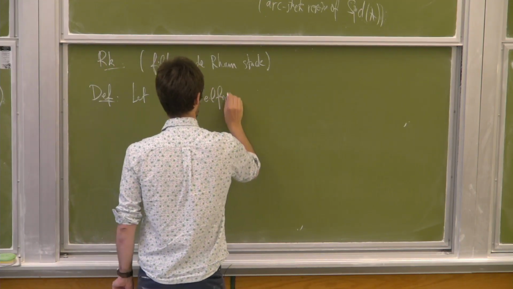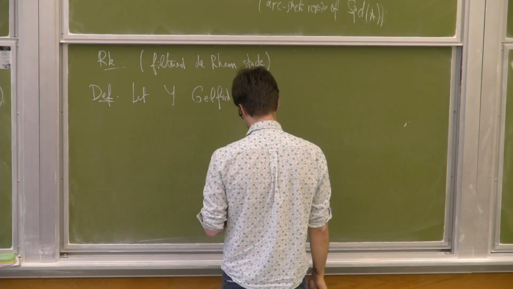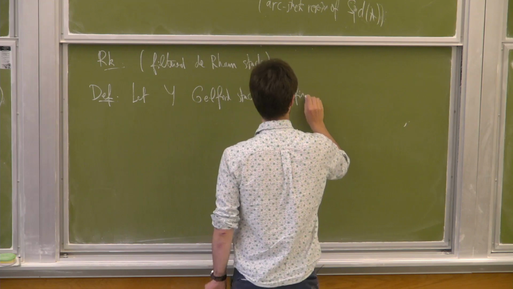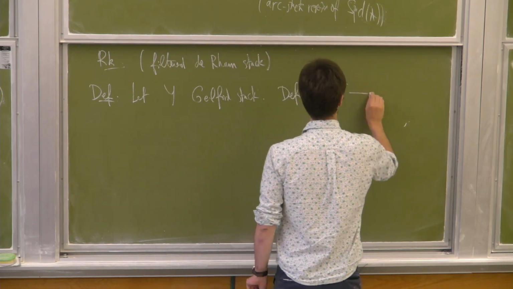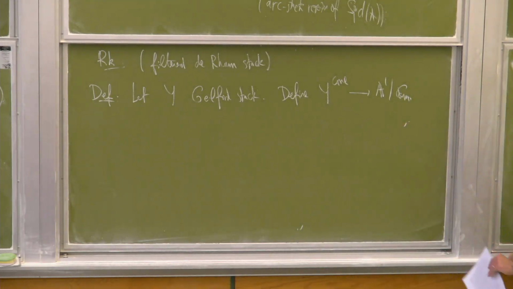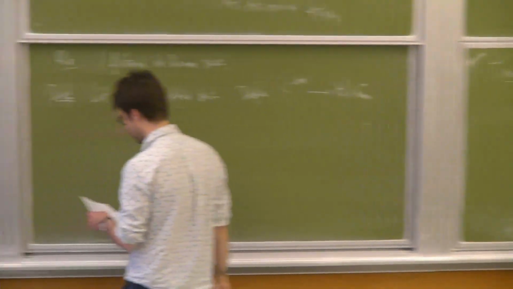So if I have an arbitrary Gelfand stack Y, I define what is called the cone construction, Y cone. So it will be a stack over A1 mod GM. And from now on, when I write A1 and GM, it always means analytic A1, analytic GM. I just don't want to write over QP.